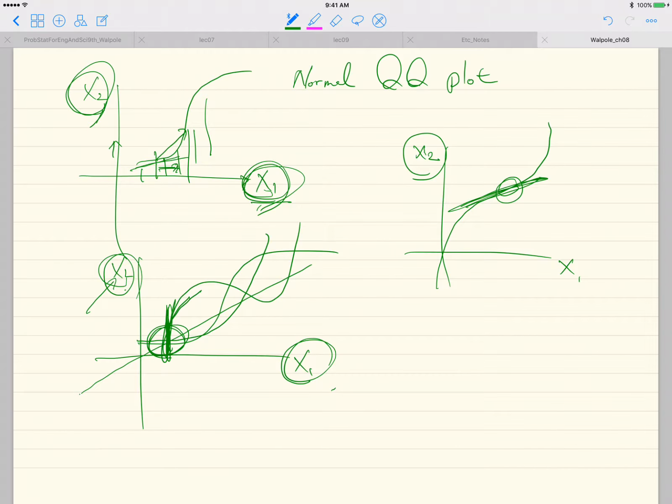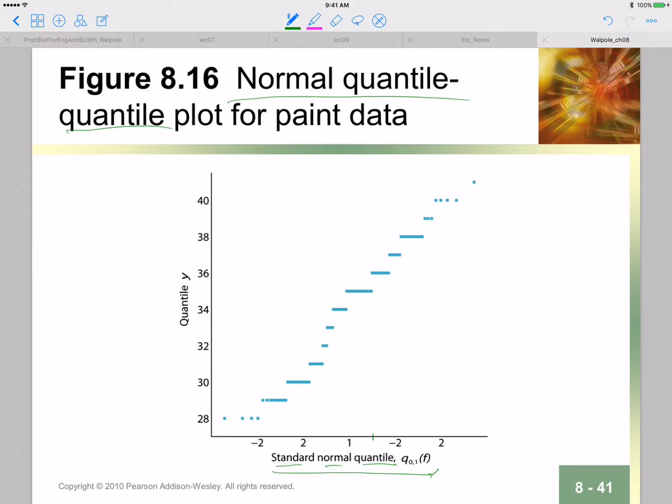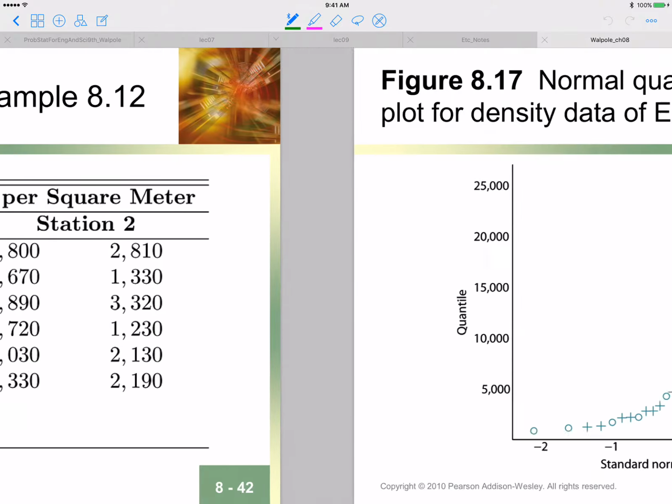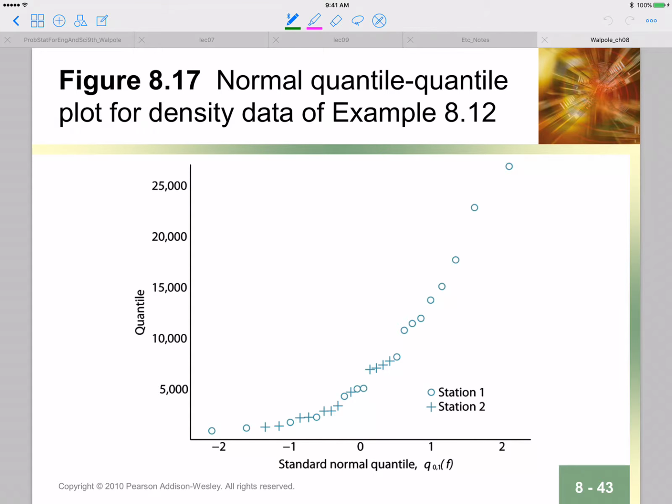Okay, so this is something called a normal quantile plot. And then, there are some examples, and I think that's it for this normal quantile plot.